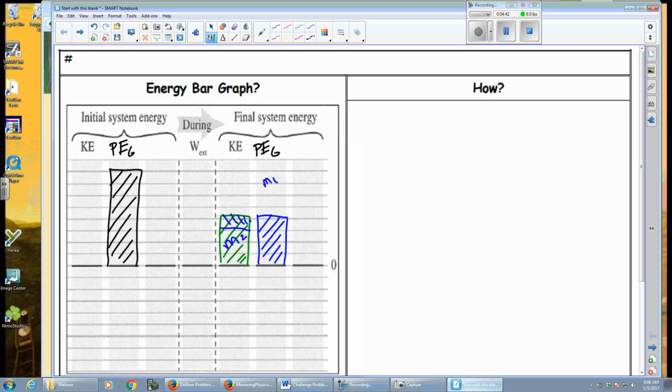So, mathematically, we have PE grav before equals KE of 1 and 2 plus PE grav of 1.